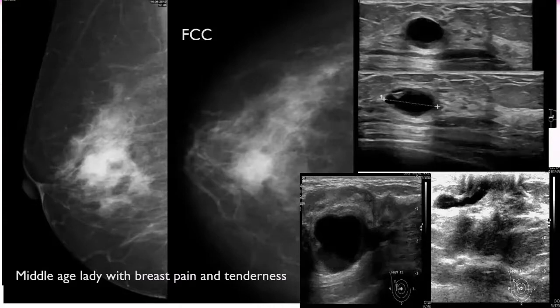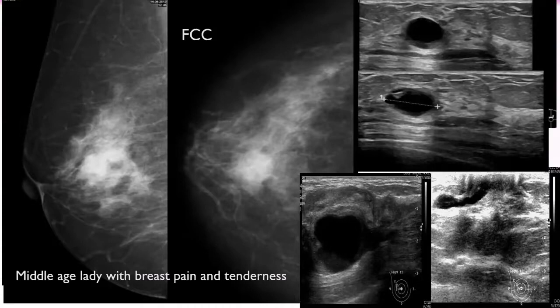It contains debris, a fluid level, and ductal extension, with perilesional edema. It was stable over 6 months because it was an inflammatory cyst, in the case of a fibrocystic process, fibrocystic conditions.